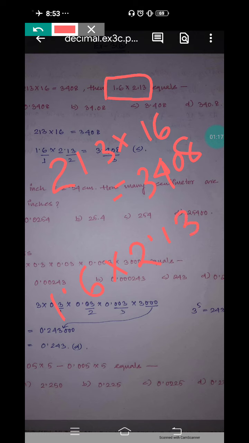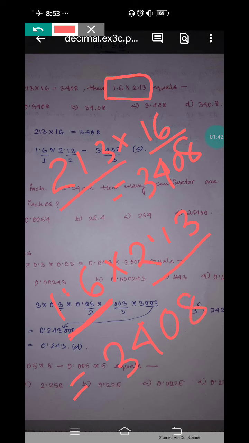See here, forget the decimal point. Here the digits are 16, here also 16; 213, here also 213, but the difference is that here decimal numbers are given. Since you are multiplying the same digits, it will be 3408.